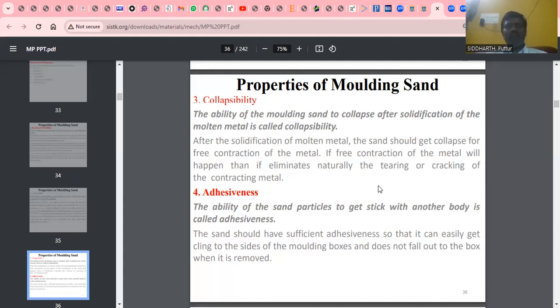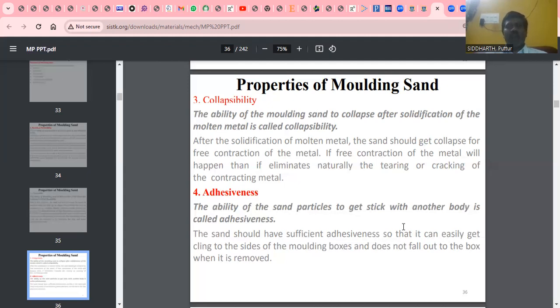Whenever we place this molding sand into the mold and ram it properly, then because of this adhesive property, the molding sand will stick to the walls of the cope and drag, so that it won't fall down easily. These sand particles must also stick to the metal or wooden patterns.